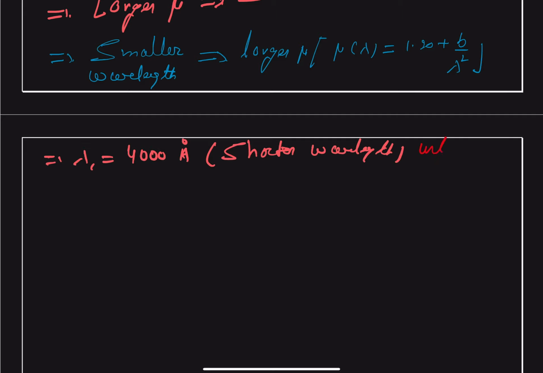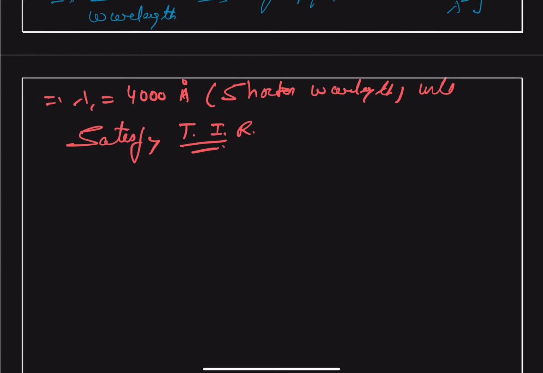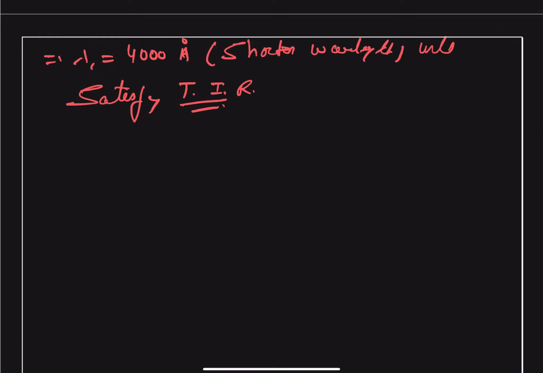will satisfy total internal reflection. And it is also given that our sine of theta is 0.8, or we can also say that sine of c is equal to 1 upon mu, and this gives us that mu is equal to 1 upon sine of c.